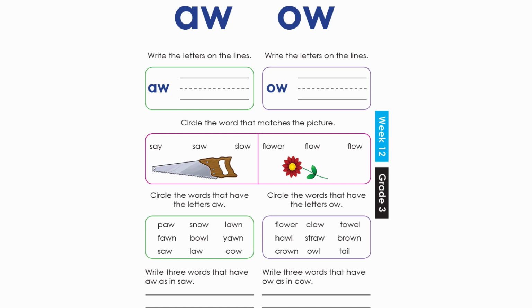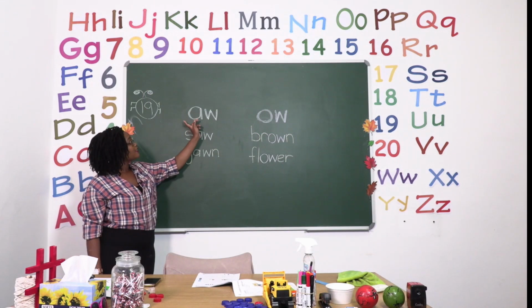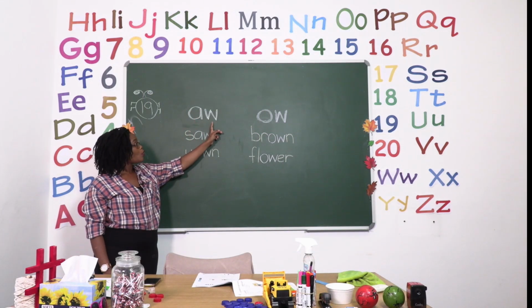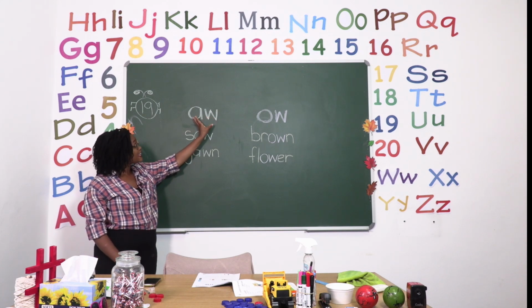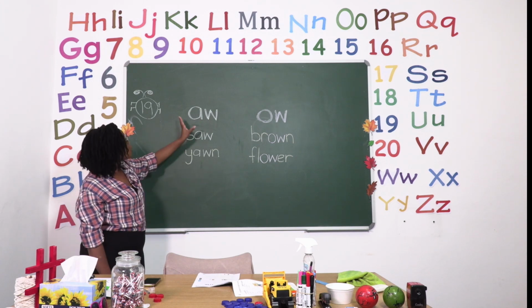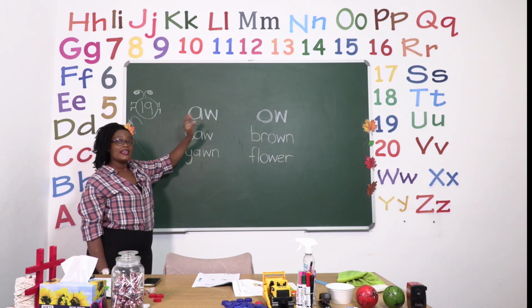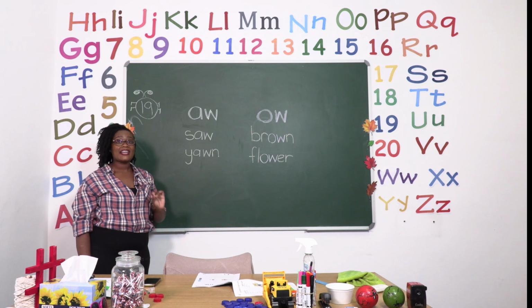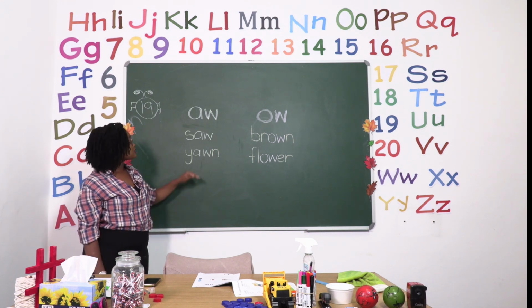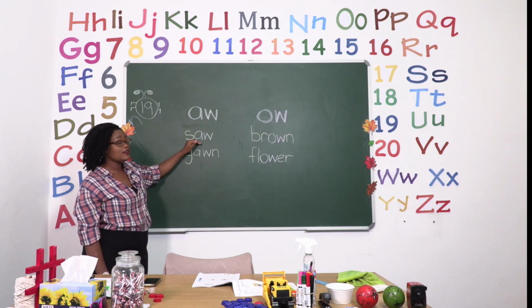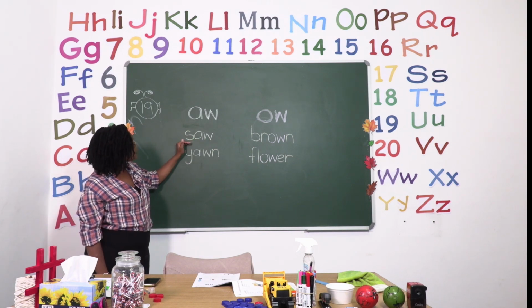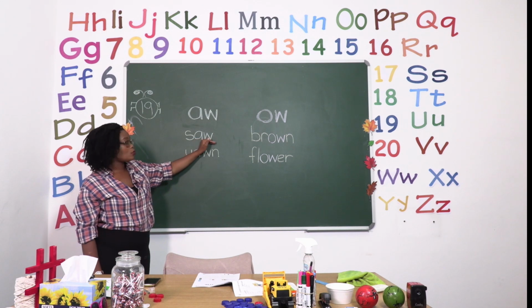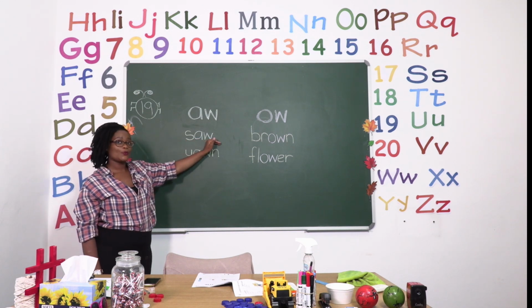Let's take a look at the board. Now remember, this is the sound aw. The A is in front and the W is behind. And when they come together, they make the sound aw. If we now look at words that have the sound aw, for example, the two I have on the board, it is S, aw, saw.